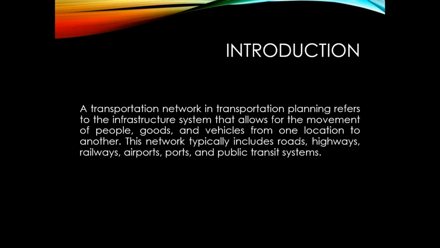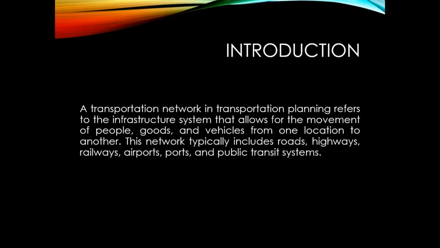A transportation network in transportation planning refers to the infrastructural system that allows the movement of people, goods or vehicles from one location to another. What facilitates it to be possible? In one of the videos I made earlier, we talked about a transportation system, and we said in a transportation system, we have the infrastructure, the vehicles, the facilities, the operations and the users.